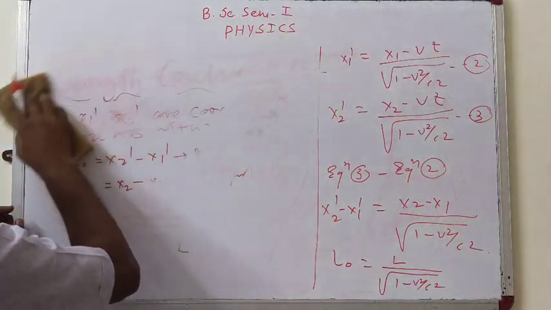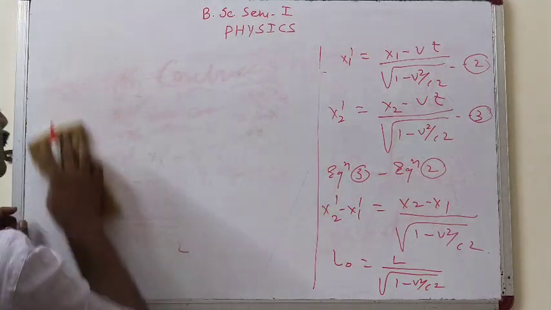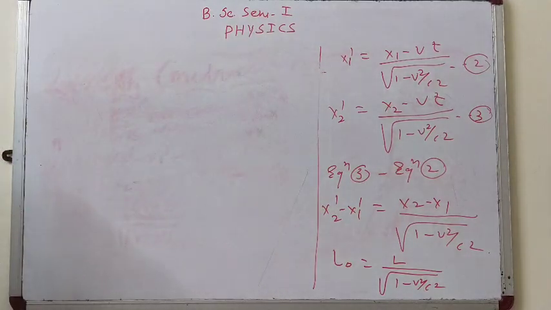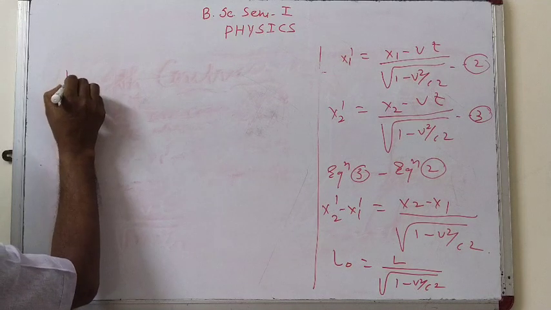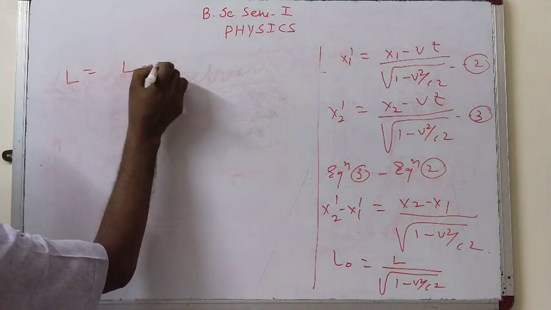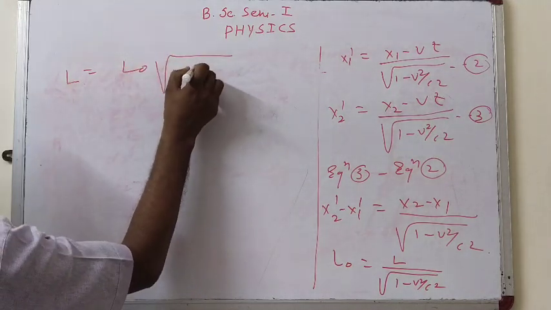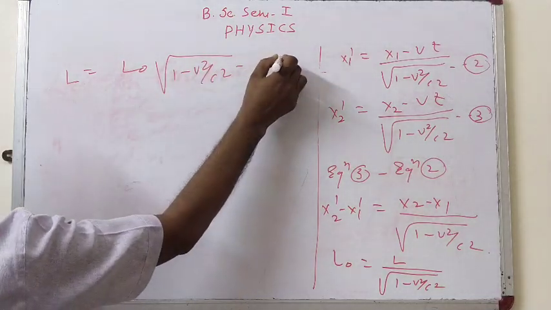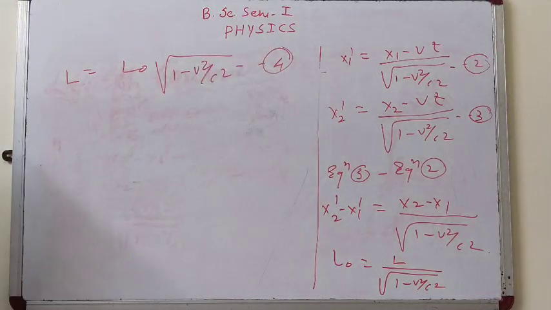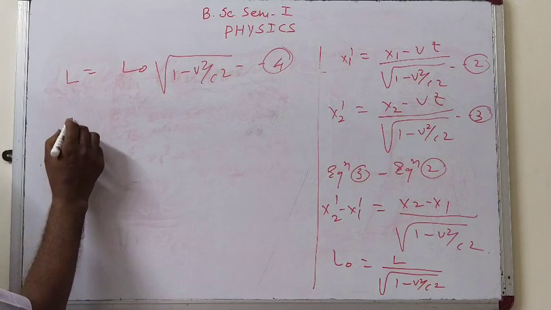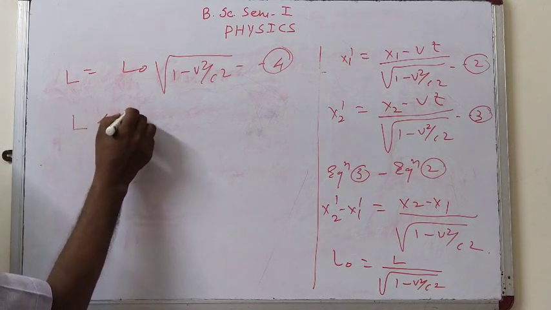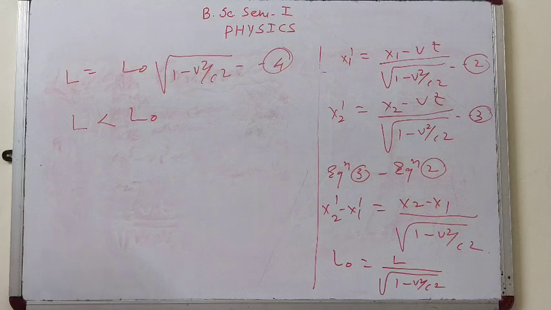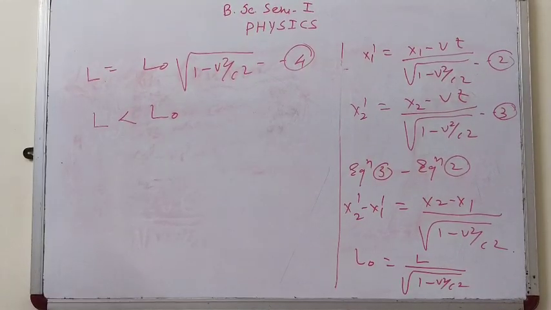Then here, L equal to L0 root of 1 minus V square by C square. We observe this equation: the value of L is less than L0. Keep in mind, L is the length of the object when it is in moving condition, and L0 is the length of the object when it is in rest condition.